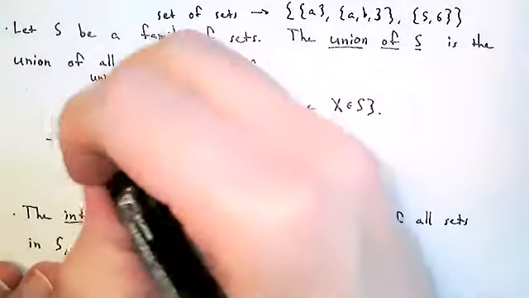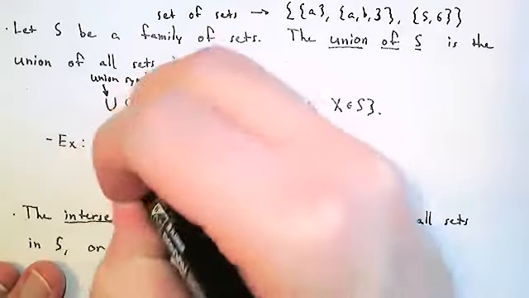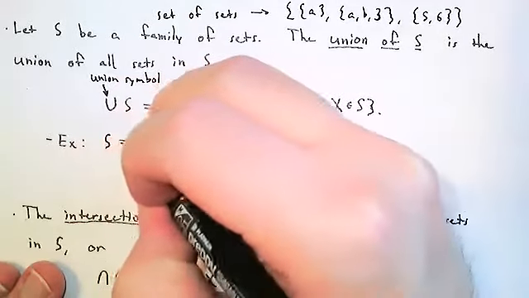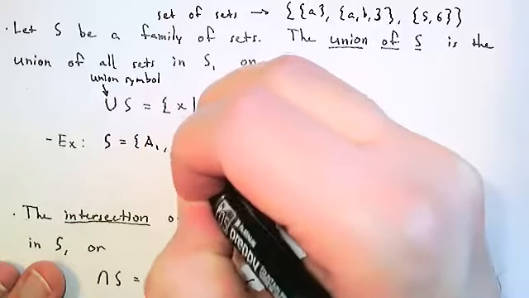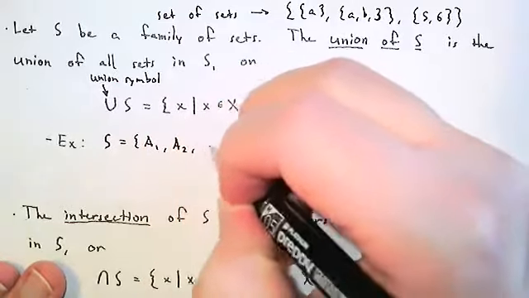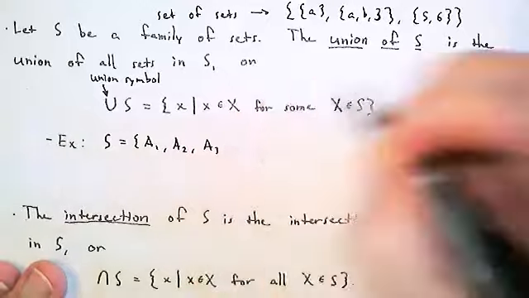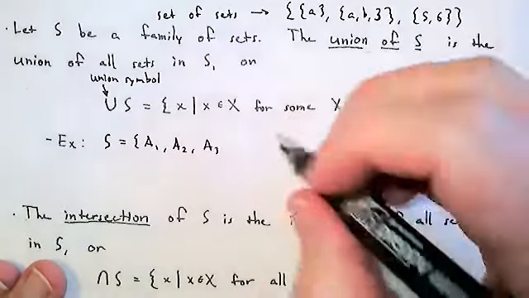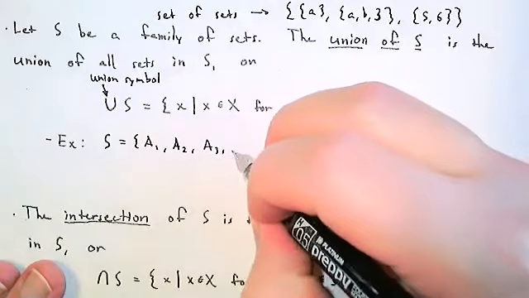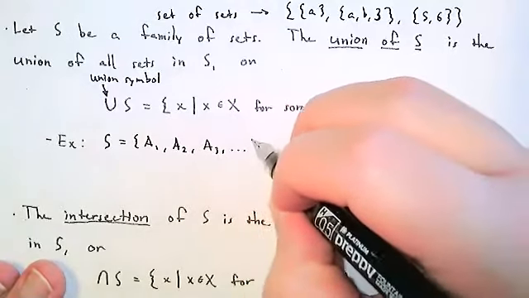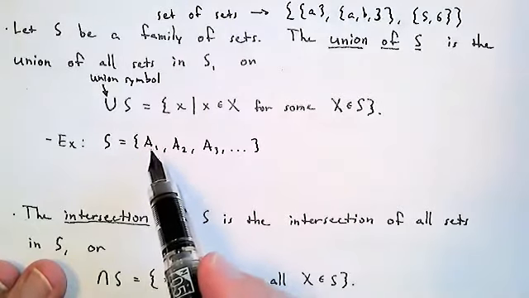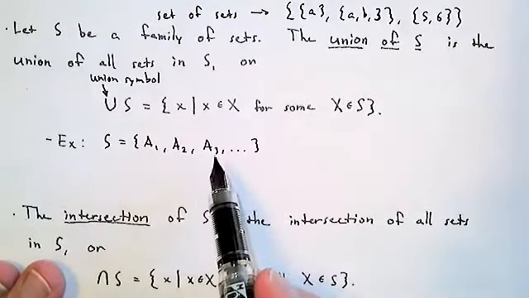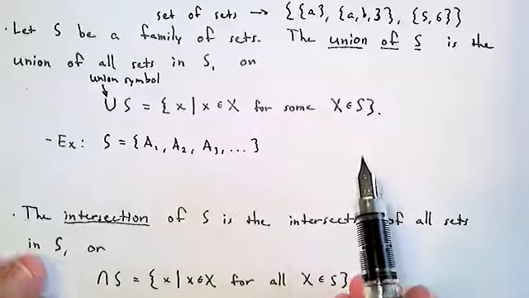And I want to look at a bigger family than we've been looking at so far. So this one up here was a tiny little family. And this one is going to have an infinite number of sets in it. So I have inside of my family A1, A2, A3, A4, and so on.